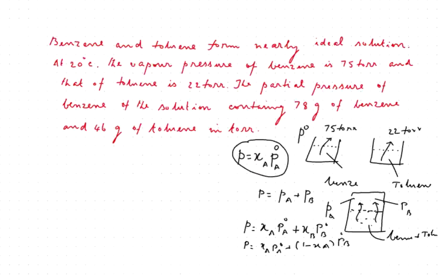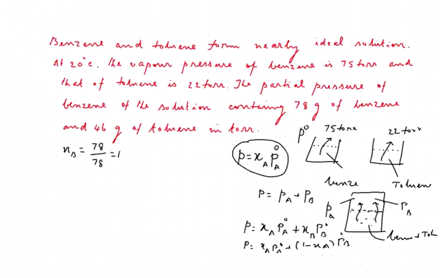So first of all, you should find out the mole fraction of toluene and benzene in the given mixture. The number of moles of benzene is equal to the weight of benzene taken, 78, divided by the molecular weight of benzene, which is also 78. So 1 mole of benzene is present.